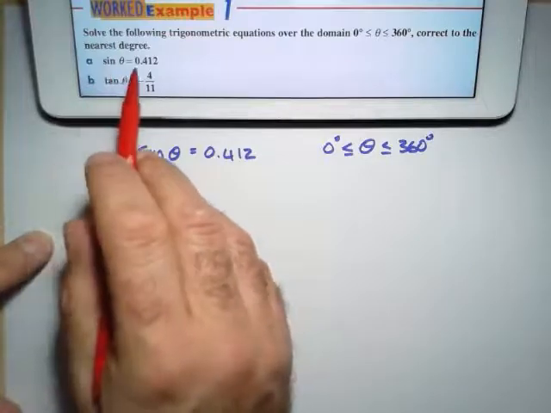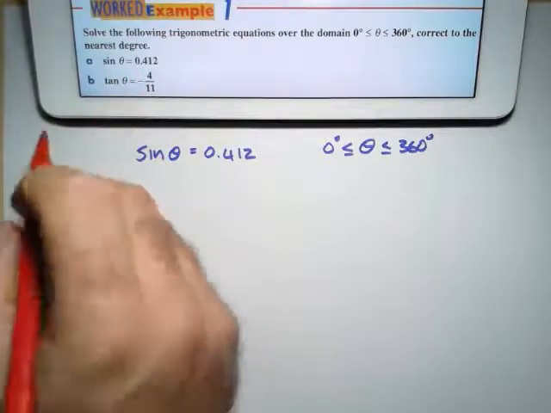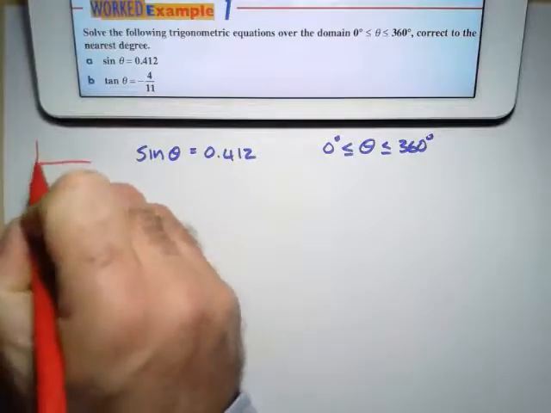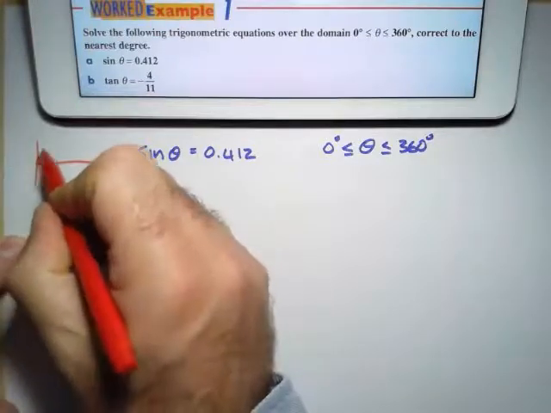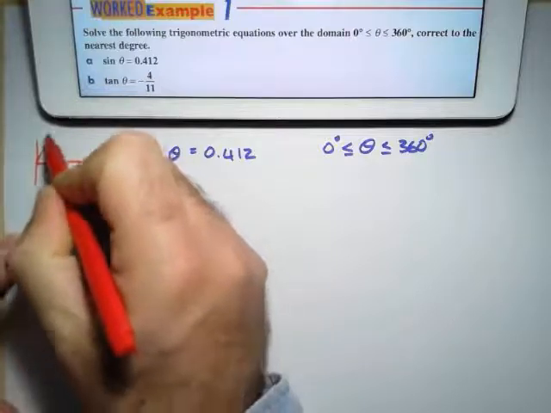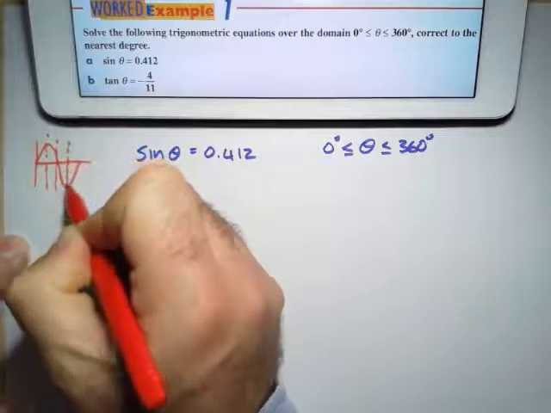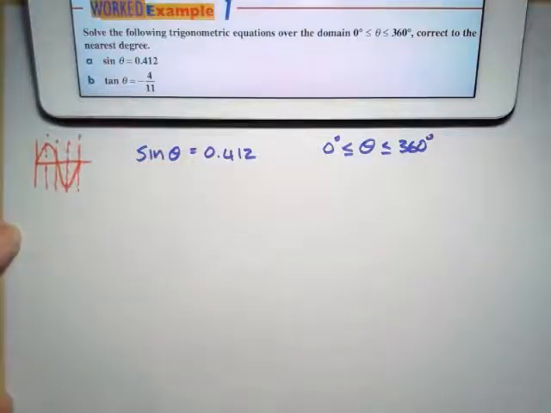Now, if I say sine of theta equals 0.412, remember when we did sine graphs, the sine graph looked like this. This is your first quadrant, that's 90 degrees, 180, 270, 360.